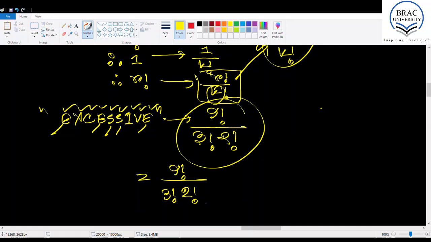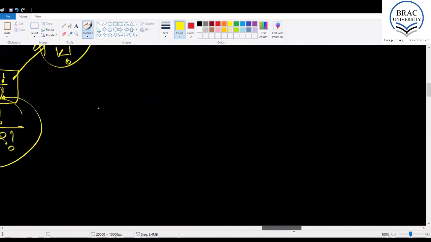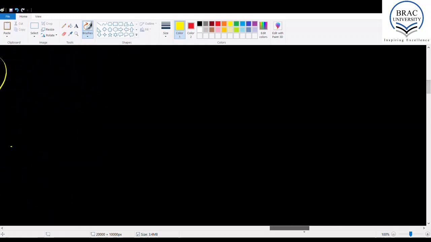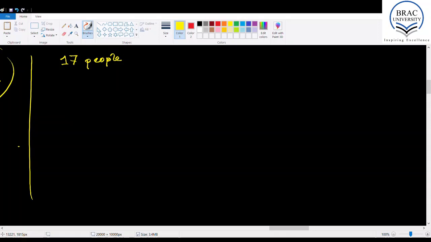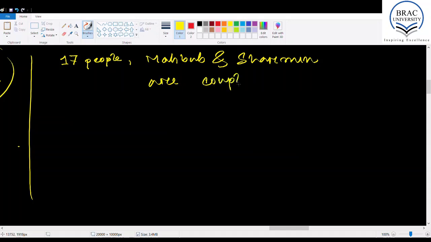Okay, so here we can see another example using circular permutation. For example, say there are 17 people at a dinner, and Mahbub and Sharmin are a couple. So they want to sit beside each other.